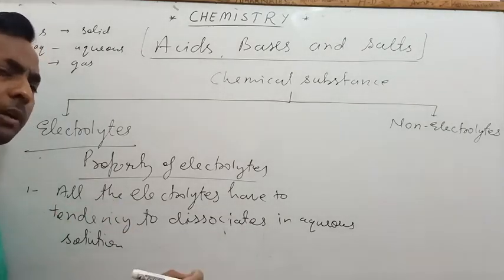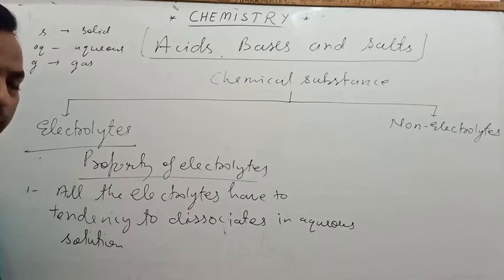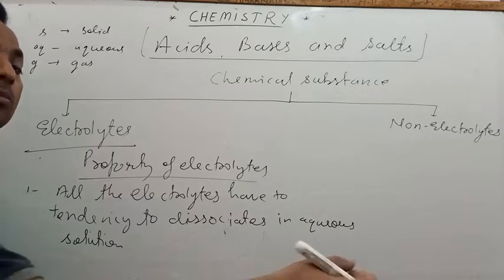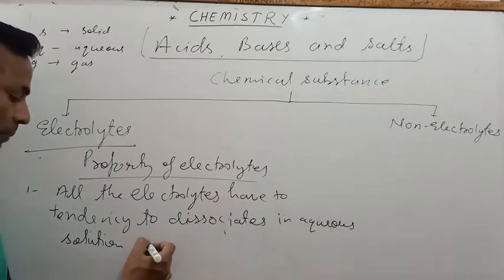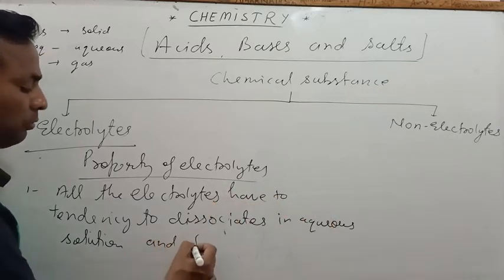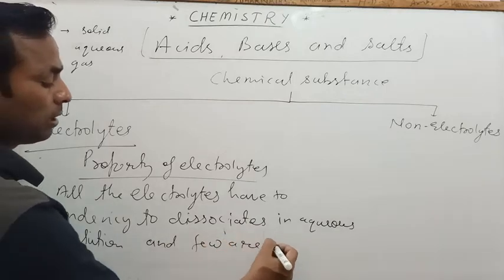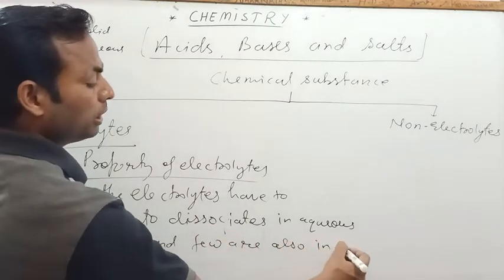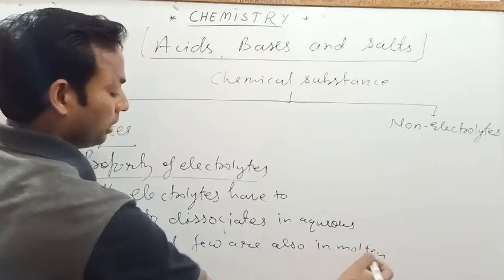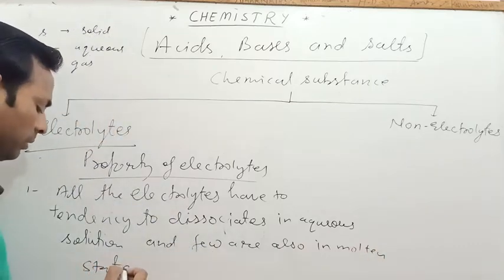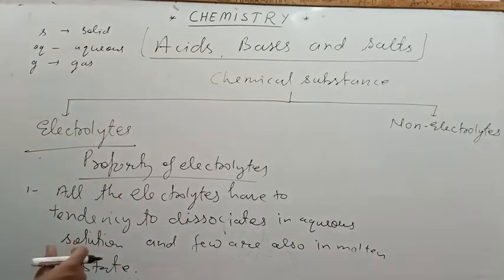Those electrolytes which are present in the solid form like NaCl, CaCl2, only such kinds of electrolytes have the tendency to dissociate into ions in a molten state, and a few are also in a molten state. I will tell each and everything, don't worry. So this is the most important property of the electrolyte.